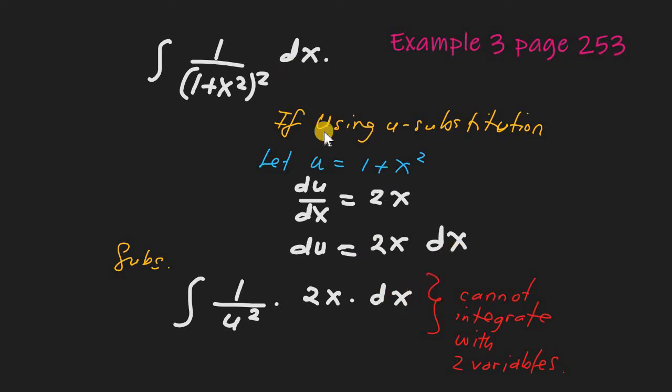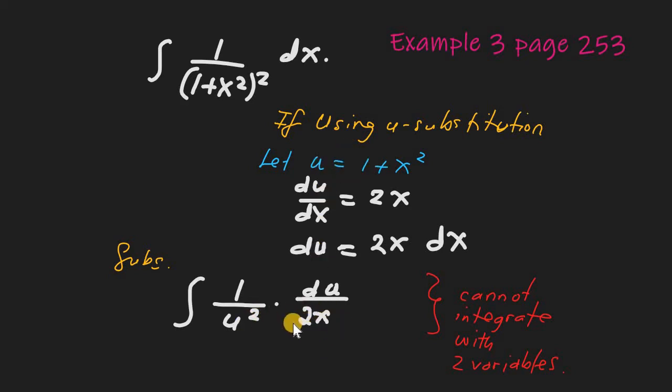Replacing dx, you get du over 2x. So the x will become complicated, right? x is the square root of u minus 1.